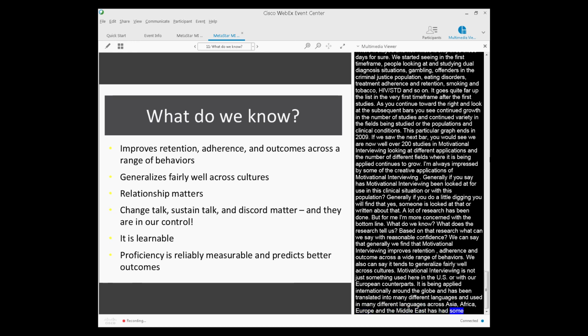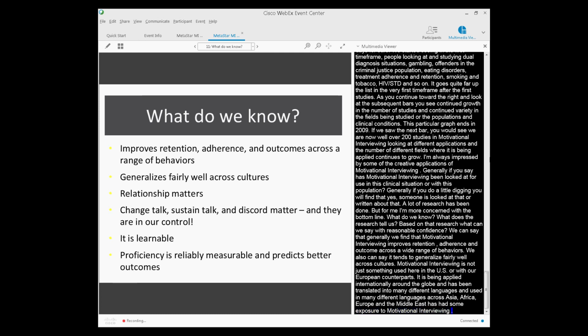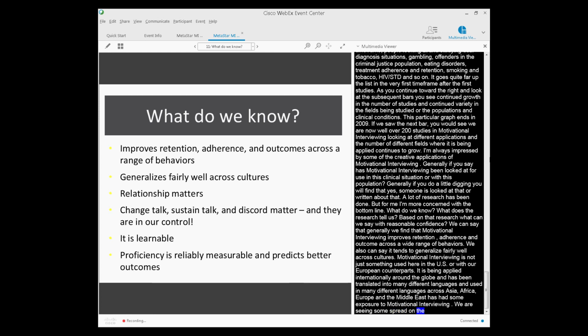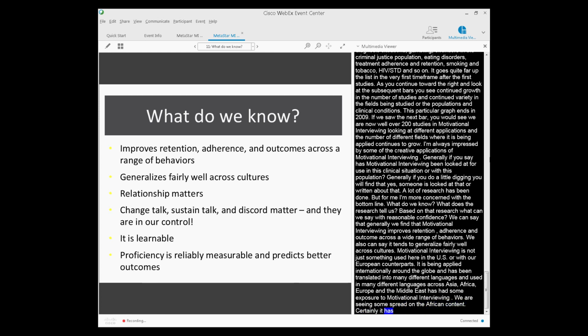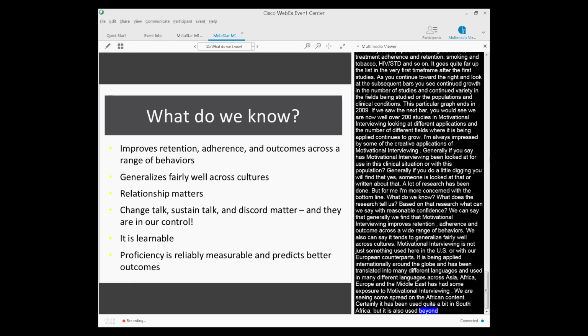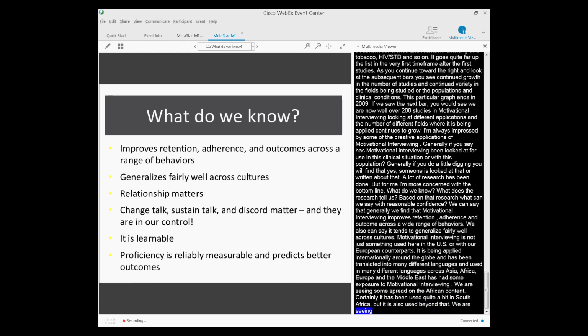We're seeing some spread on the African continent. Certainly it's been used quite a bit in South Africa, but it's also being used beyond that. So we're seeing really worldwide adoption of some MI practices.